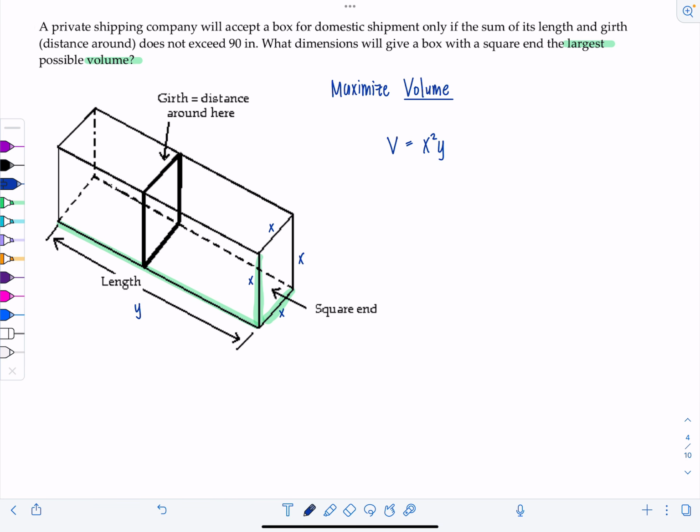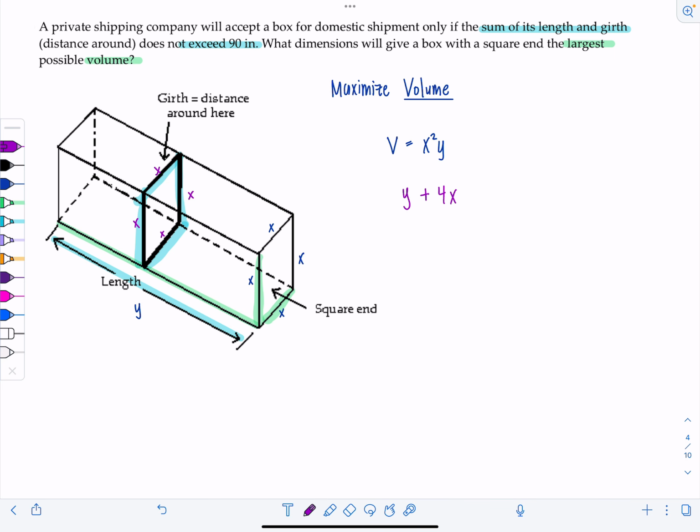Okay, can we go ahead and take a derivative? No, we cannot, because this is a function of two variables and we need a function of just one variable. So what info have I not used? This lovely piece of info here. The sum of the length and girth of this box can't be more than 90. The length is y, and the girth is x plus x plus x plus x, so 4x.